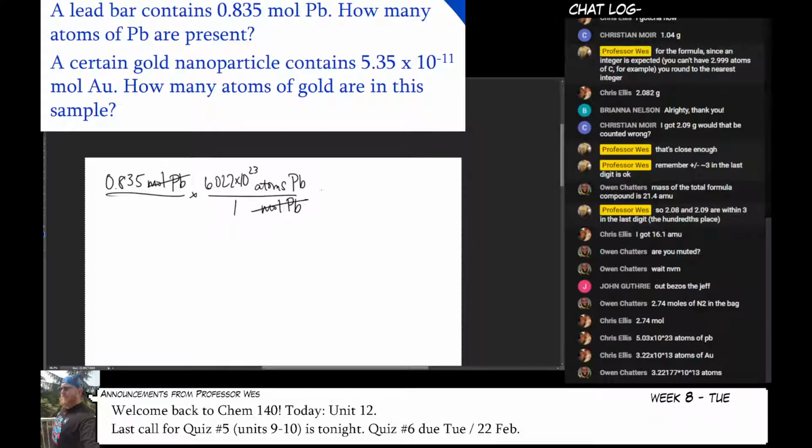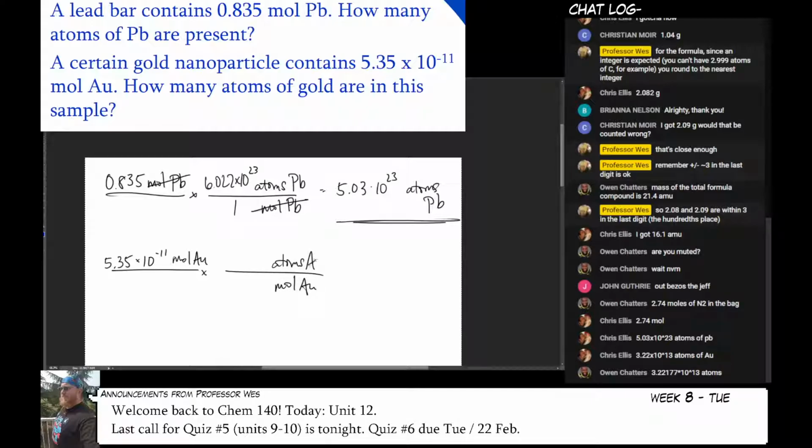So that means that there must be 5.03 times 10 to the 23 atoms of lead. And then same thing here. We're just dealing with a really small number. Same exact problem. So moles of gold, atoms of gold.